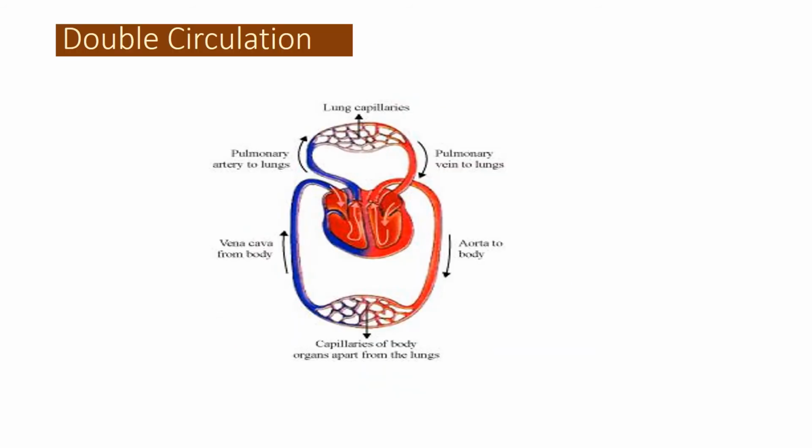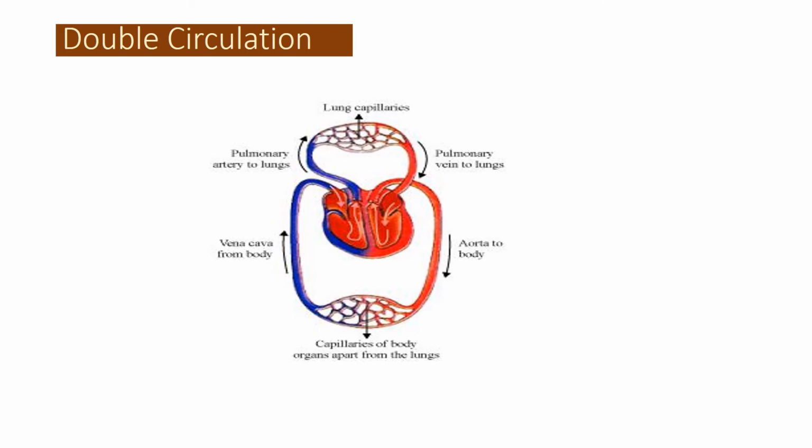Double circulation. You know that in our heart, the left side chambers and the right side chambers are separated by a wall called septum.